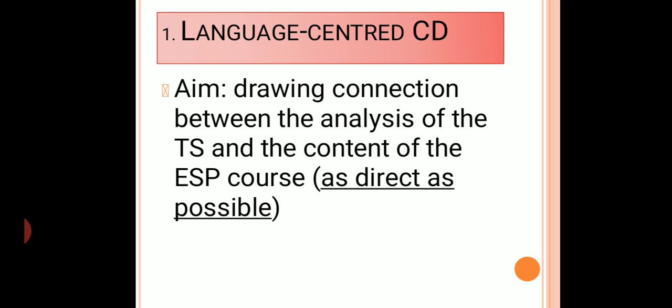So, target situation. Do you remember about target situation? It is the real situation where the learners will use English in their work.